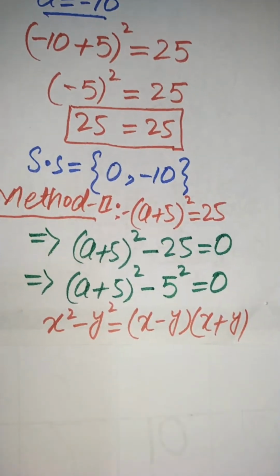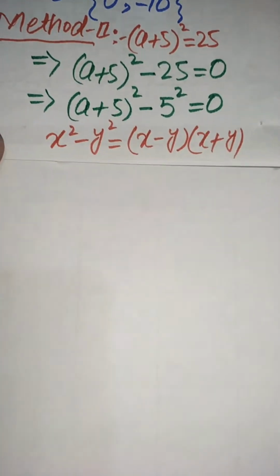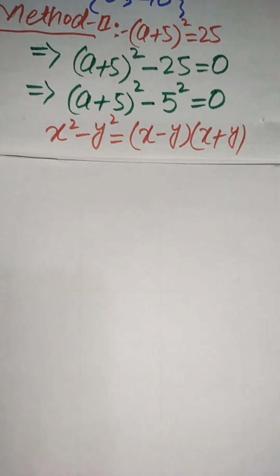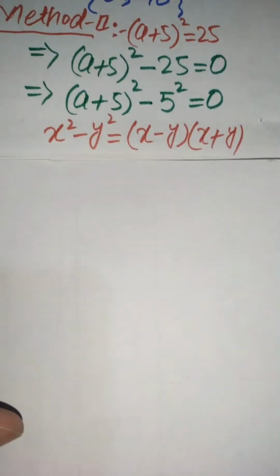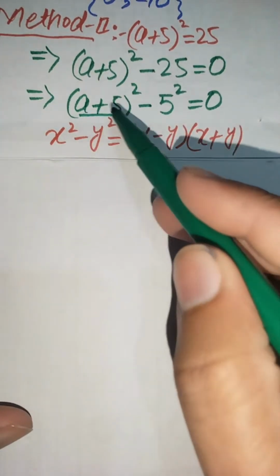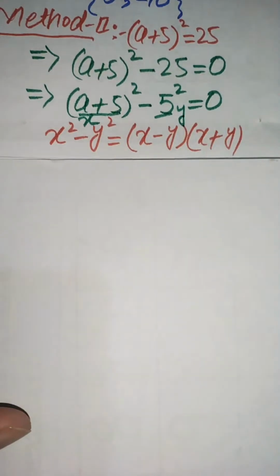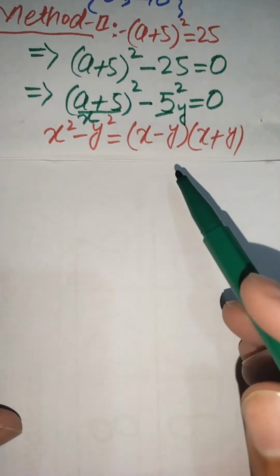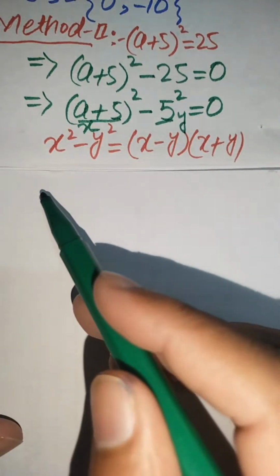According to this formula, we write our above equation in this form. Our equation is (a + 5) whole square minus 5 square, and the base of this term is our x and the base of this term is our y. So we just need to substitute these two values of x and y into the formula.